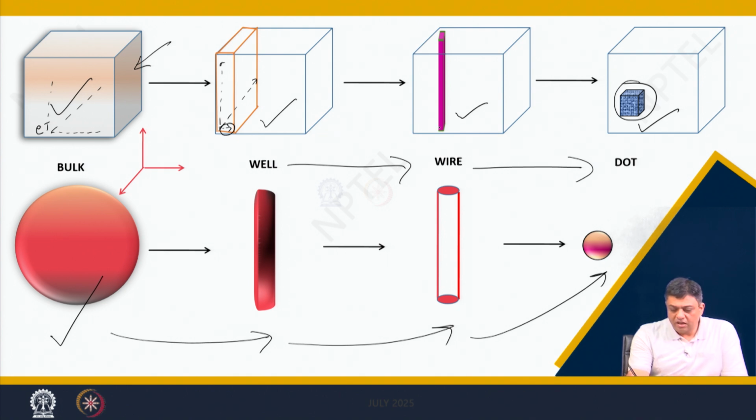Now, if you see a wire structure, it has confinement in this direction as well as in this direction, but it can move freely to long distances in the third direction. So, there is confinement in two directions, whereas in a quantum dot you have confinement in all the three directions. So, now you understand what we meant by confinement effects. That means how the charge is moving in these systems.